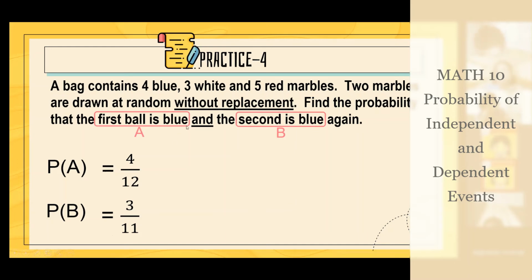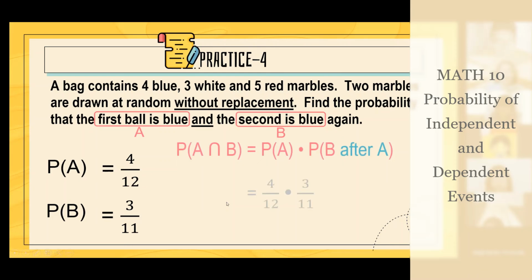You don't have to subtract if this is another color. Let's say if this is white, so still it's 3. But if this is red, it's 5. And then it's 11, subtract 1 from 12 because of the word without replacement. So if the same color, you have to subtract also from the numerator. Okay?